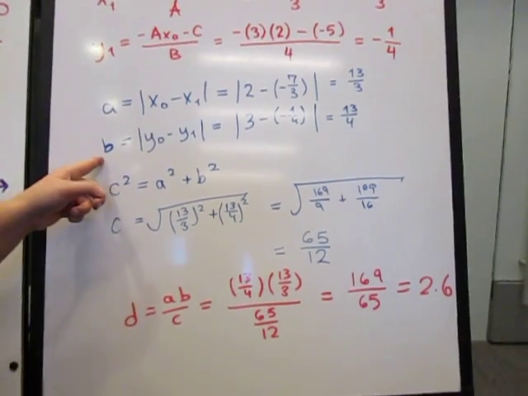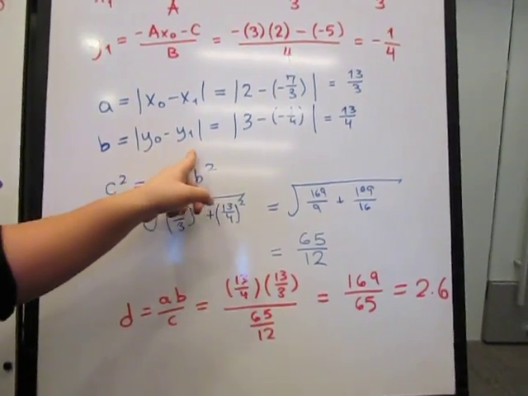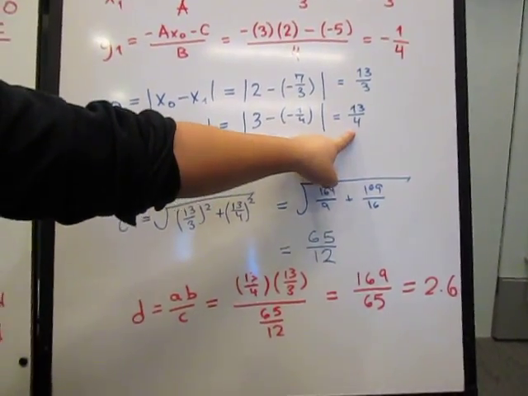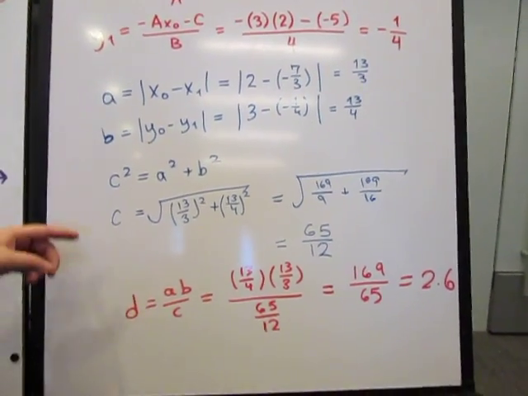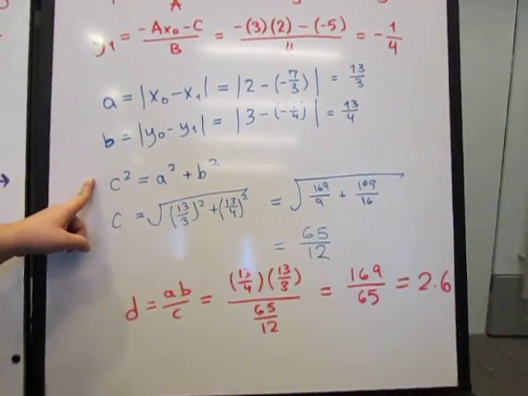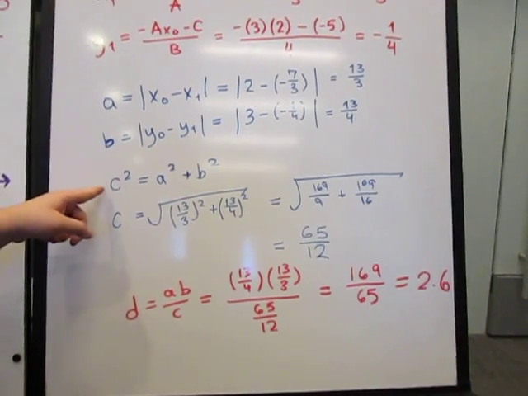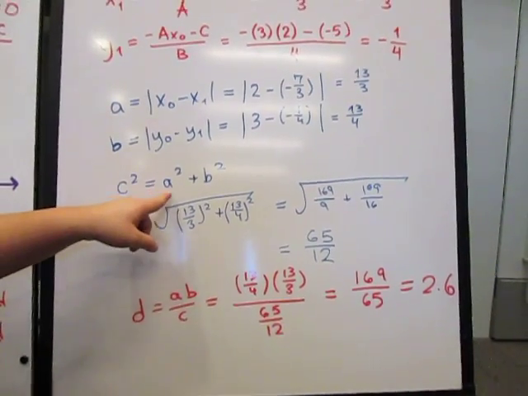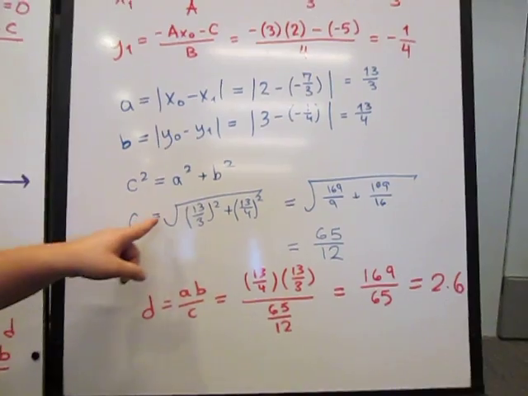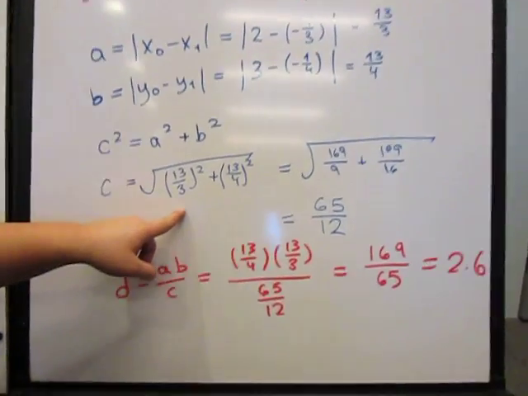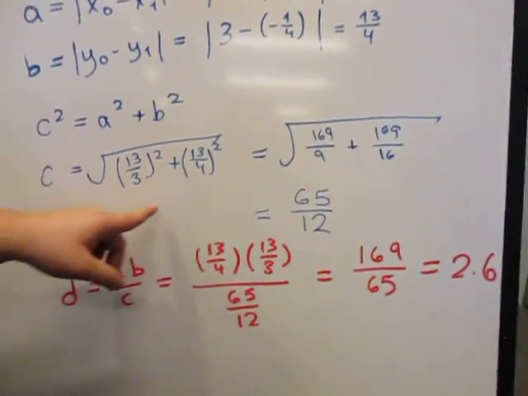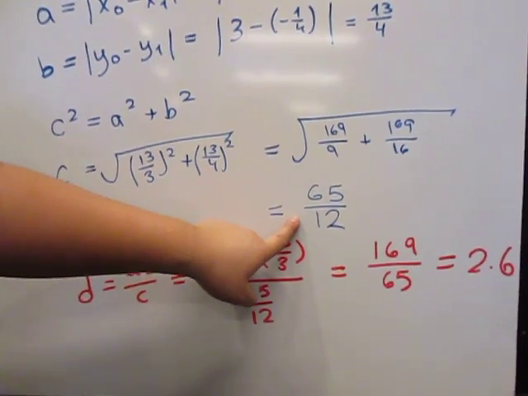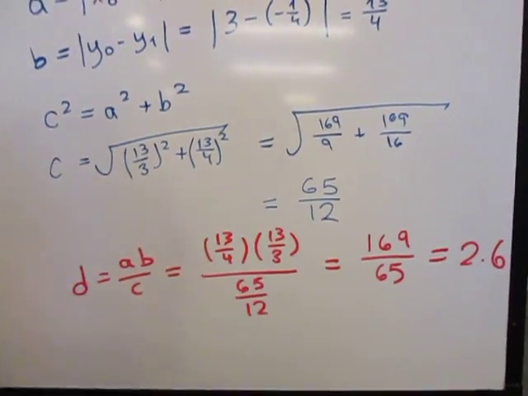In the same way, for B, through our y0 and y1, we find it to be 13/4. Now, using the Pythagorean theorem, which we proved and found to be c squared equals a squared plus b squared, we can solve and find that c equals 65/12.